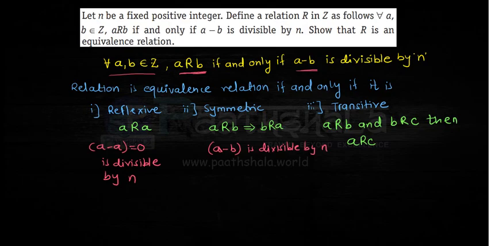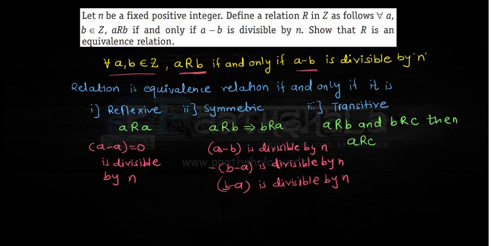Then take the minus sign out of this bracket and we get b minus a. So it is also divisible by n. We can write b minus a without the negative sign as divisible by n.